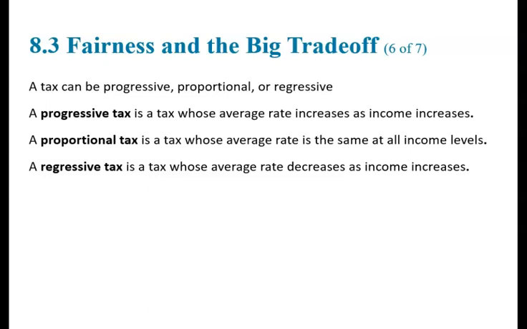So sales taxes are an example of regressive tax, while on the other hand, income taxes are an example of progressive tax, because the higher your income becomes, your marginal tax rate actually increases by a lot.